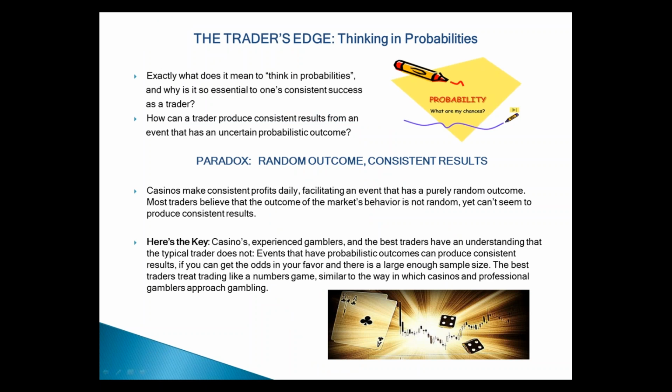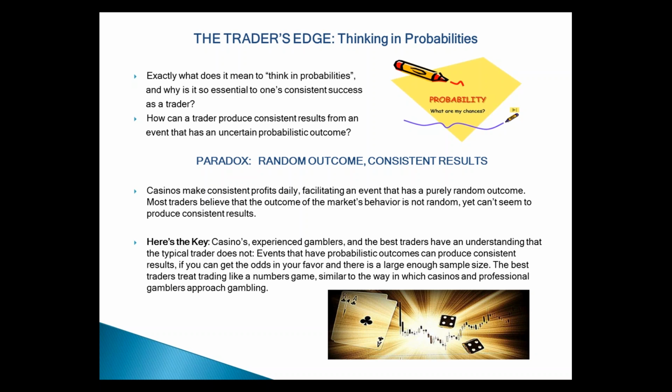All right, it's the trader's edge as far as I'm concerned. You could have the greatest methodology in the world, but unless you can exploit that methodology, you don't have much success. So the trader's edge, I truly believe, is all about thinking in probabilities. All right, what are my chances of success?